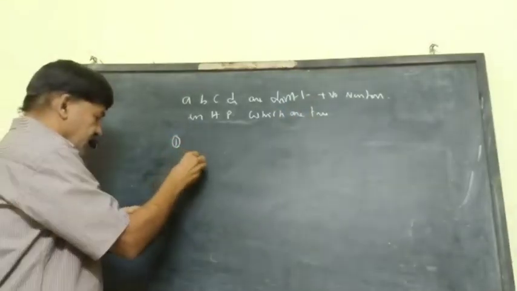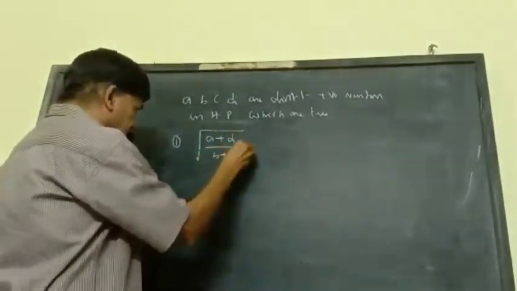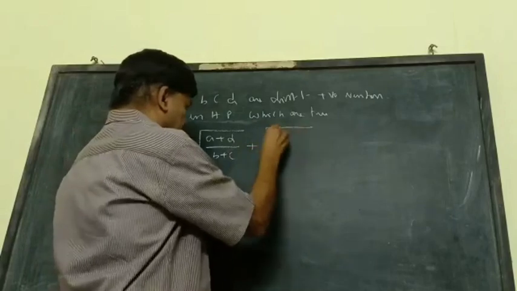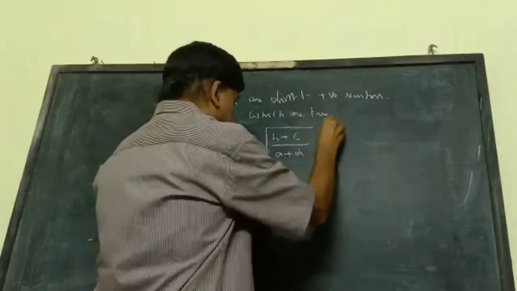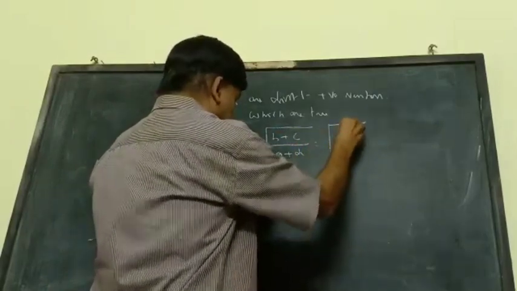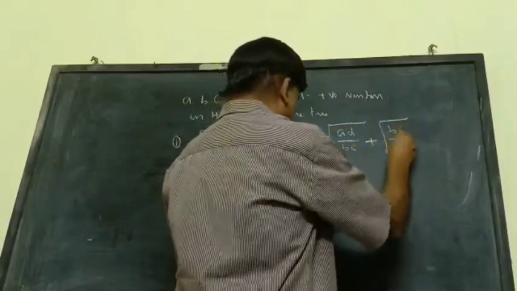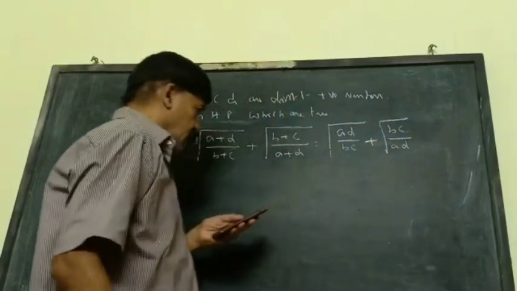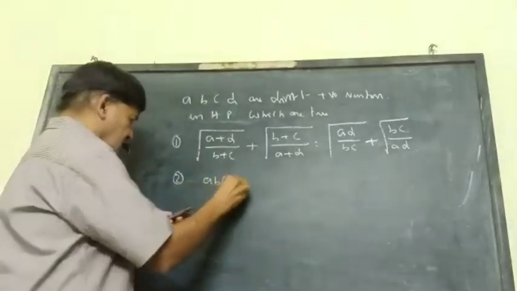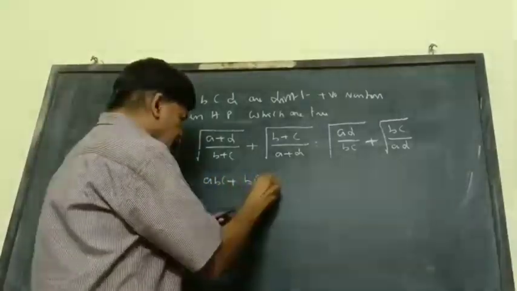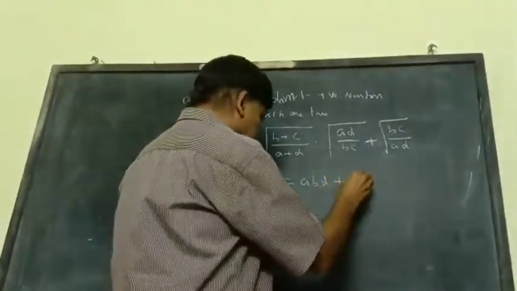The first one is root of (A plus D) by (B plus C) plus root of (B plus C) by (A plus D) is equal to root of AD by BC plus root of BC by AD. The second one is ABC plus BCD is equal to ABD plus ACD.